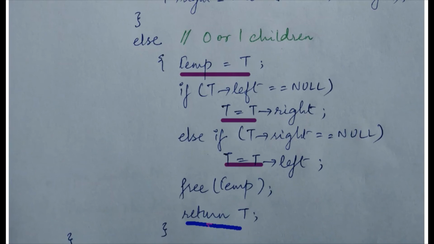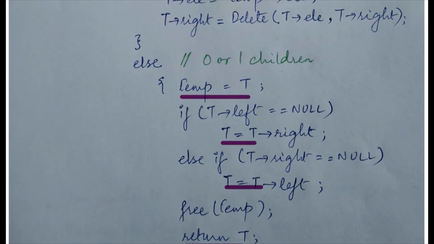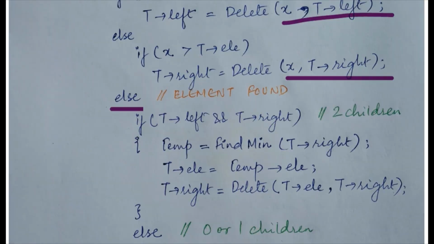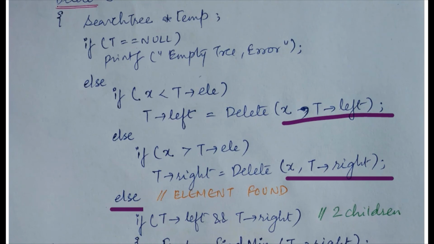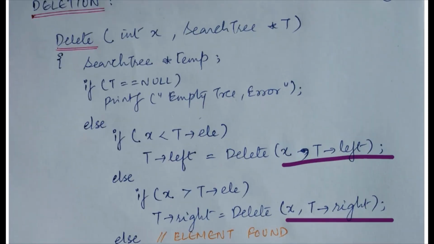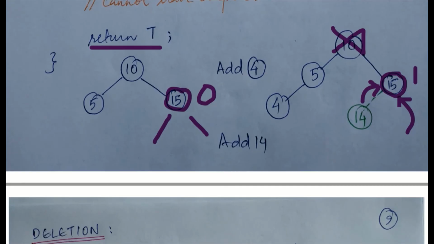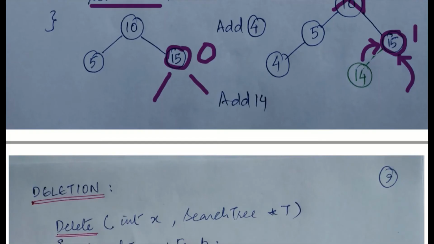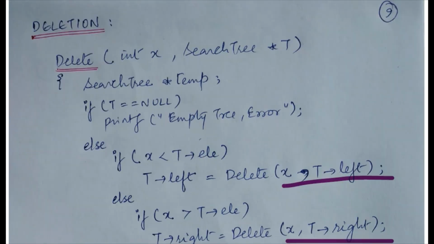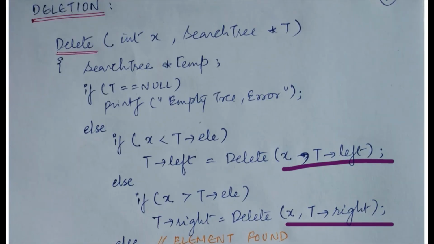We are returning this t, and where are we returning it? To the place where maybe you had a call if x is greater than t to element. Let's say 15 is greater than 10, so we call delete 15 from this subtree whose root is 15.